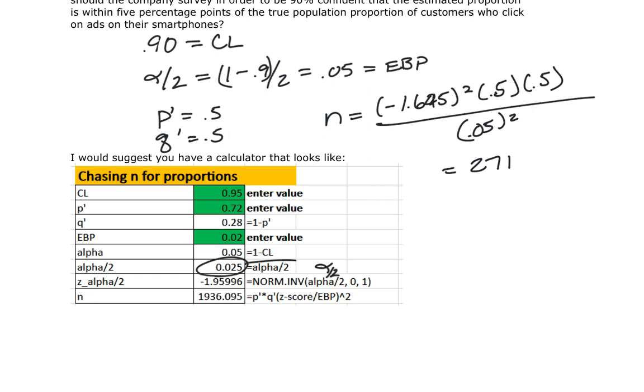That's this cell that goes in there. Or you can use the norm.s.inv and you just put in the alpha divided by 2. And then here's my formula, which is p prime, q prime, the z-score divided by EBP. Both of those are squared, so I just put them squared and I grabbed all the things that are appropriate. And that's it for this video.